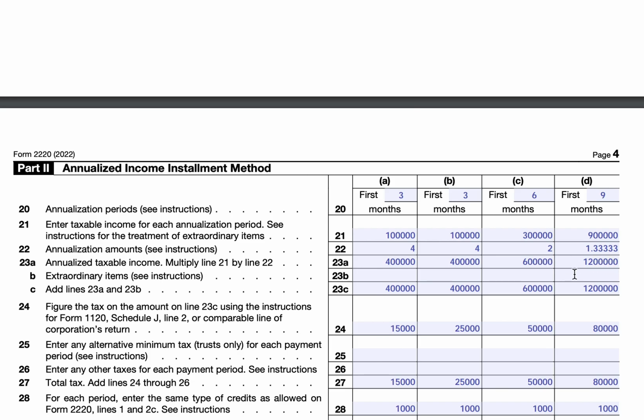If you had any extraordinary items, which we do not, then we would add them here. There is a breakdown of what extraordinary items look like in our article.